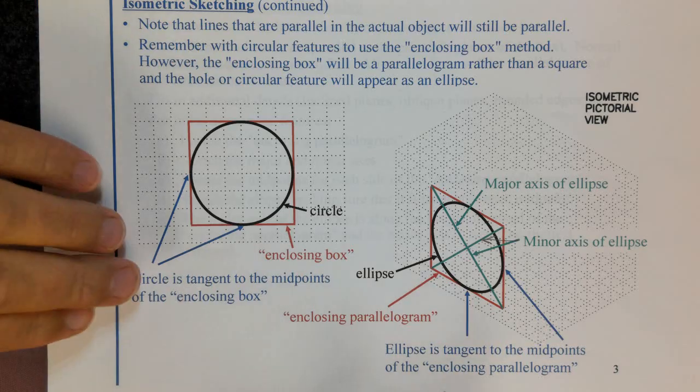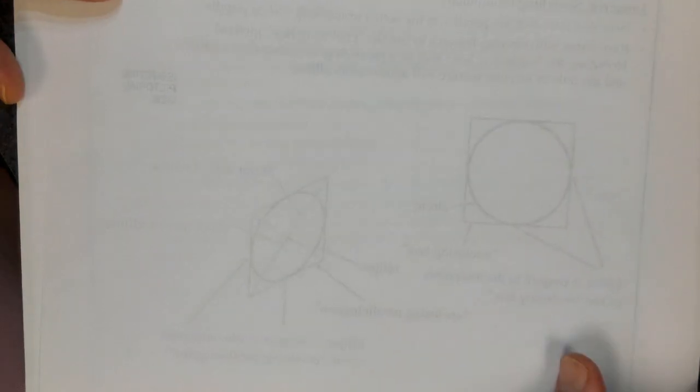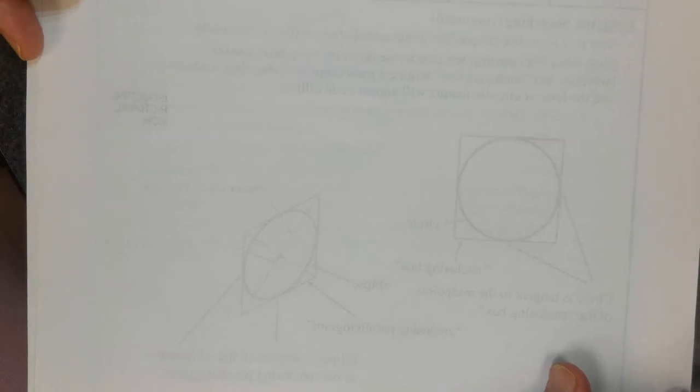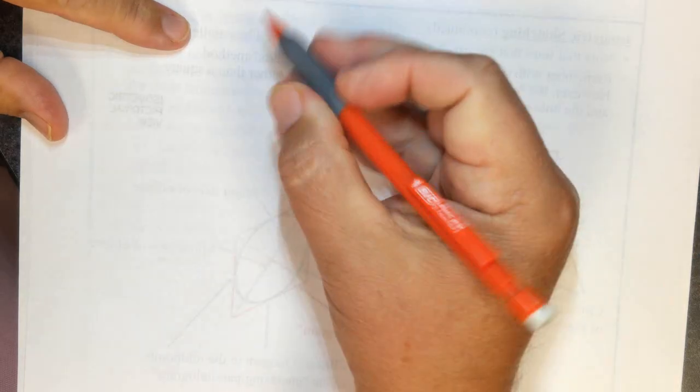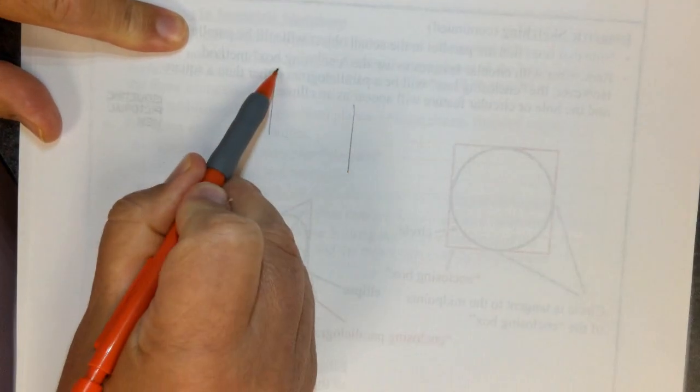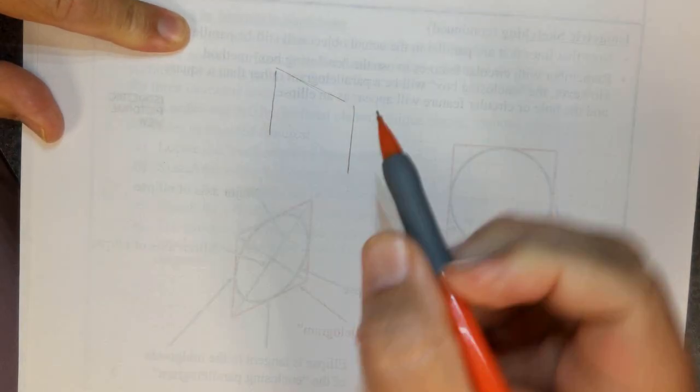All right, so I'm going to turn this paper over. How do you make an iso circle with the method that I'm going to show you here? First of all, I call it the enclosing parallelogram.